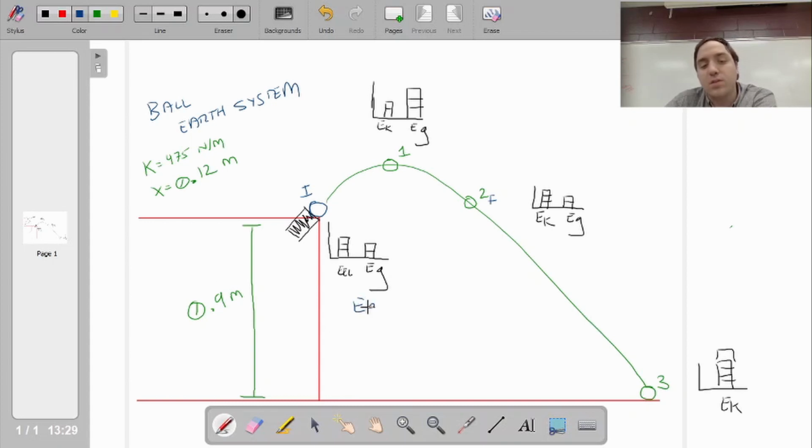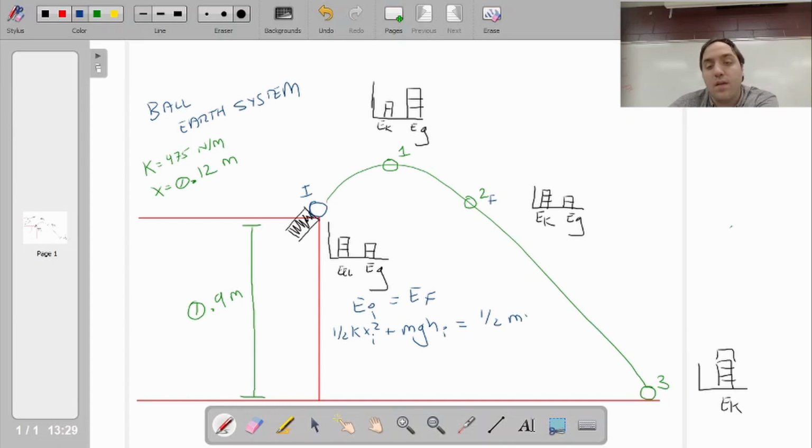So my E initial will equal my E final because it is a closed system. My E initial would be my E elastic, which is 1/2 kx squared, plus my EG, which would be mgh. I can put little initials on each of these. And that'll equal my EK and my EG over here.